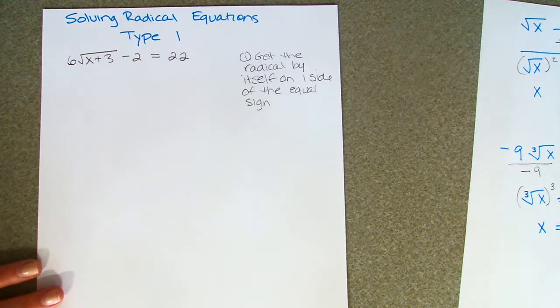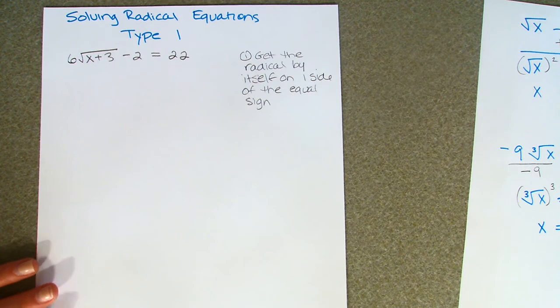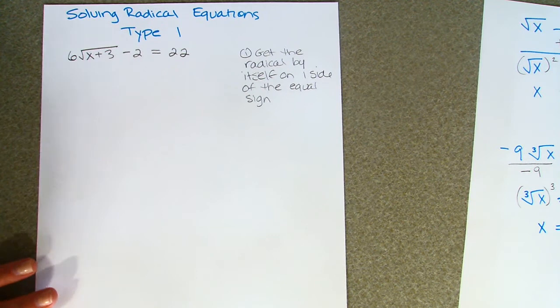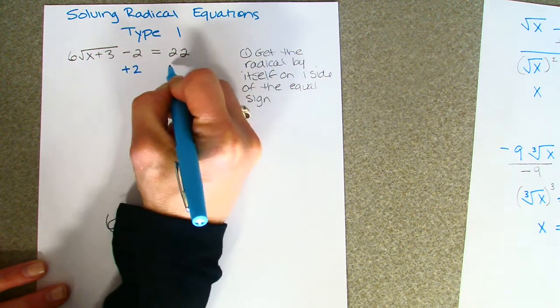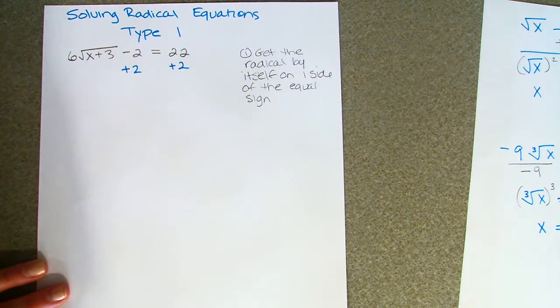So we are going to do what we know about solving to do this. The first thing we're going to do is undo addition or subtraction on the radical side. Well, I see subtraction. I see a minus 2. So to undo that, I am going to add 2 to both sides.